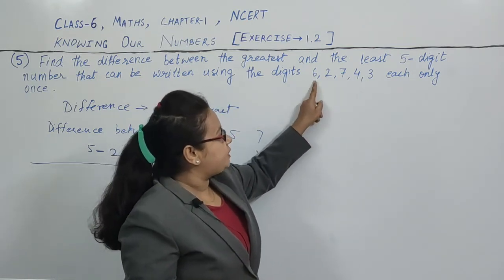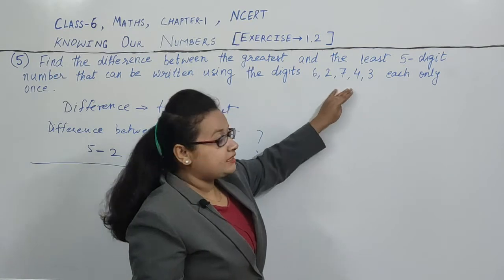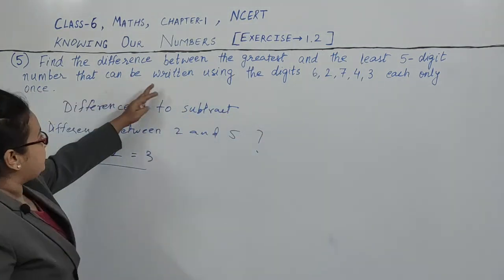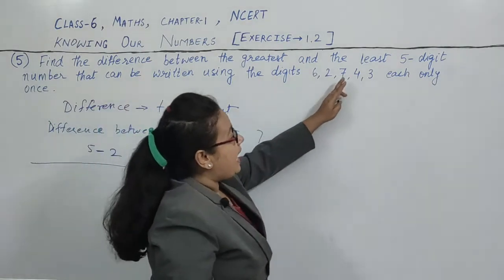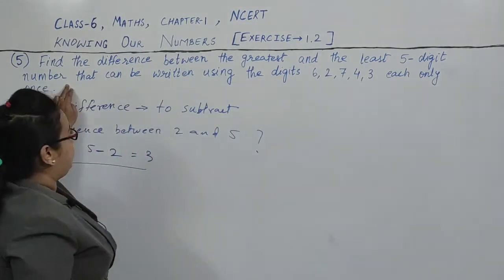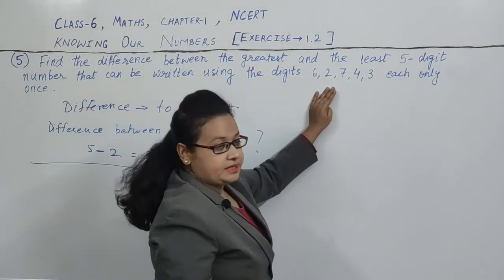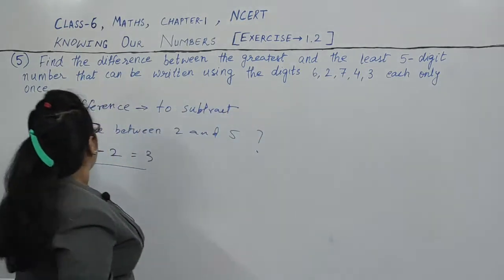These are the 5 different digits given, and we have to use each only once.